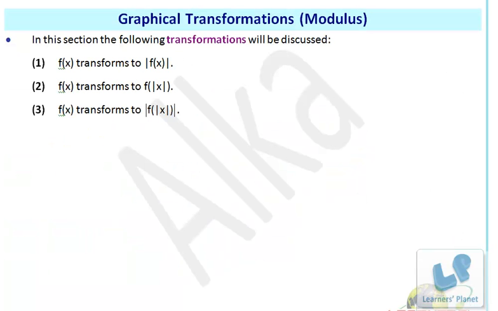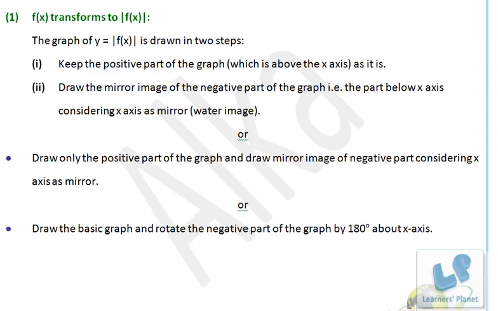Now friends, let's discuss the graphical transformations in case of modulus function. What happens when f(x) transforms to mod of f(x), when f(x) transforms to f of mod x, and when f(x) transforms to modulus of f of mod x, right? Now let's read the steps carefully, and then we'll be drawing some graphs also.